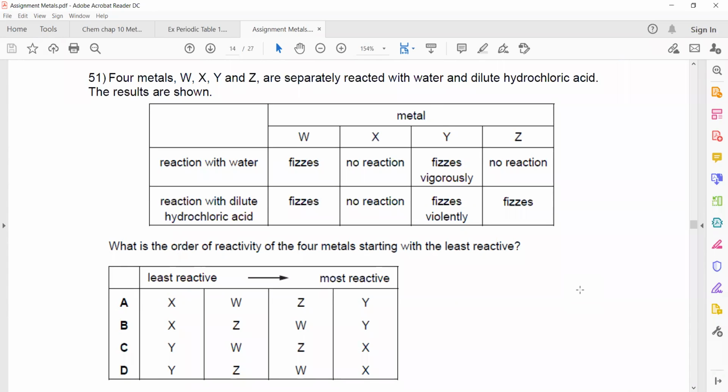Four metals W, X, Y, and Z are separately reacted with water and hydrochloric acid. What is the order of the reactivity of the four metals, starting from the least reactive?